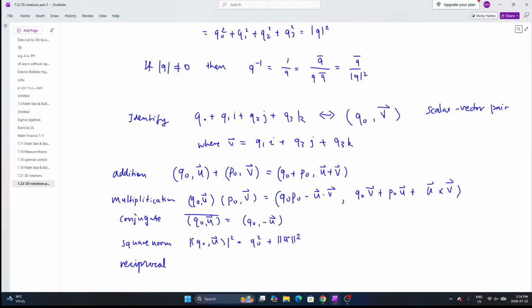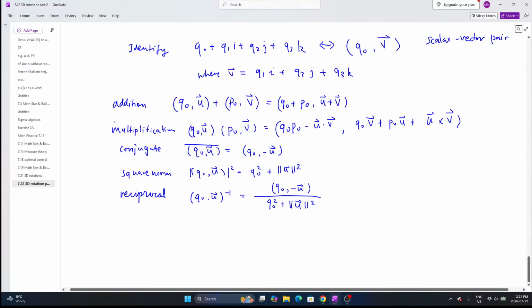So here, the reciprocal, say, if you want to take the inverse of Q naught U, okay, the denominator is Q norm squared, which we just derived. That's Q naught squared plus U length squared. And then put a conjugate on top. So conjugate is just Q naught minus U, as mentioned. So there you go. So these are the formulas in vector form.